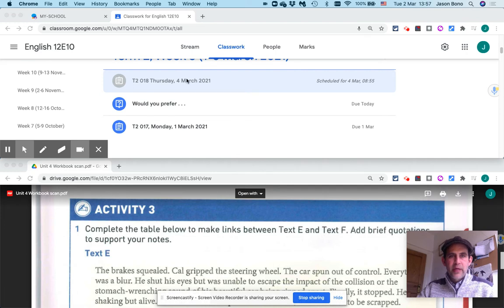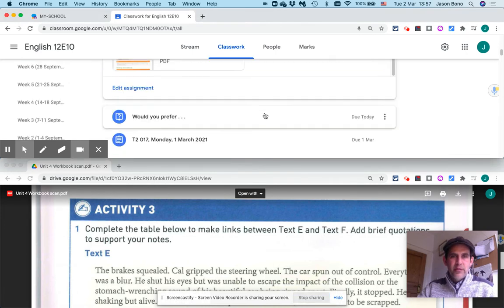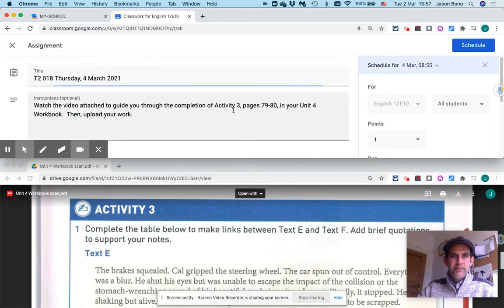When I click on the date of your assignment, it tells me your task is pages 79 to 80, just activity 3, in your Unit 4 workbook. Your workbook is on the bottom of my split screen. You're going to complete these activities, we'll do some of it together just now, and then upload your work here.